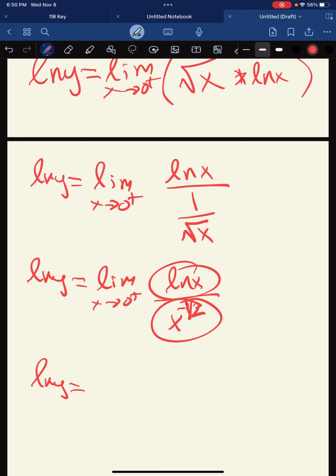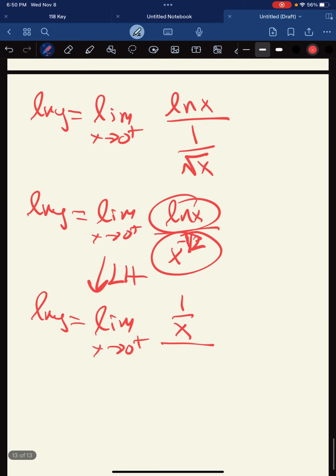So we're going to use L'Hopital's rule. Derivative of the top, derivative of ln x, well, that's just 1 over x. And then the derivative of x to the negative 1/2 is going to be negative 1/2 times x to the minus 3/2, because we just subtract 1 from that power and bring that negative 1/2 down, right?